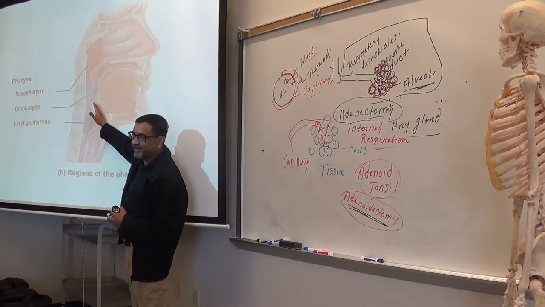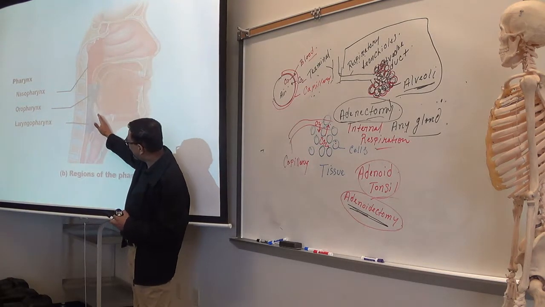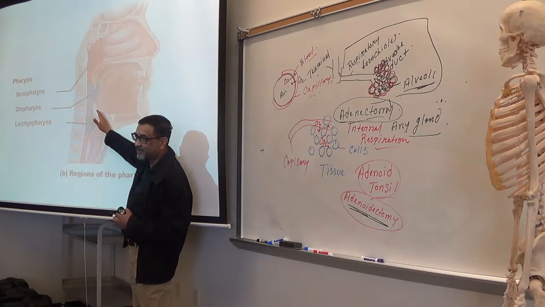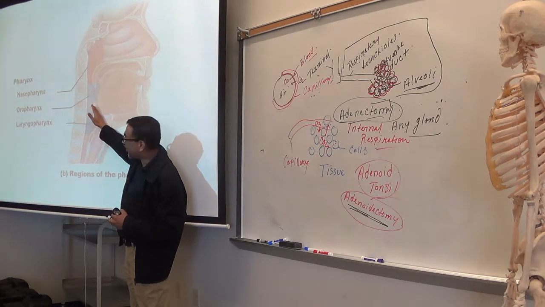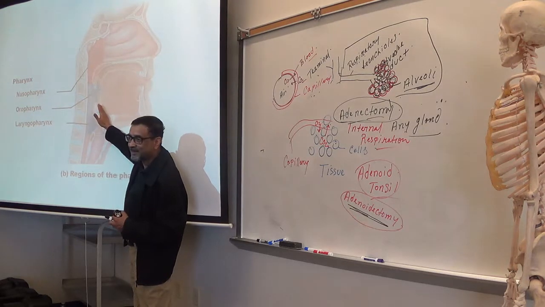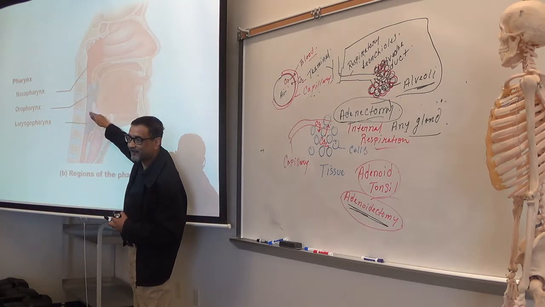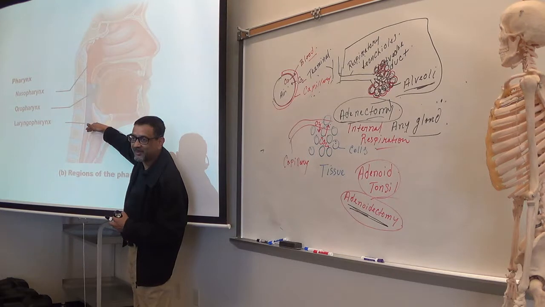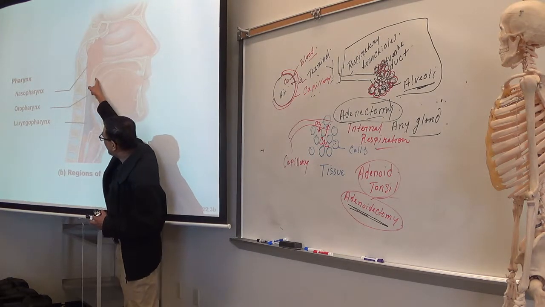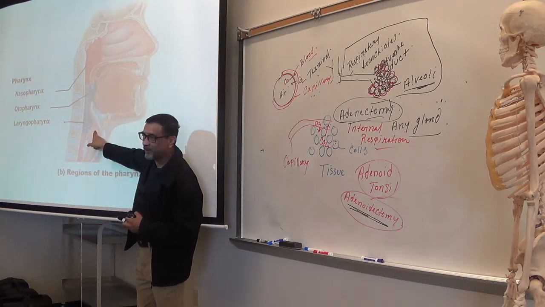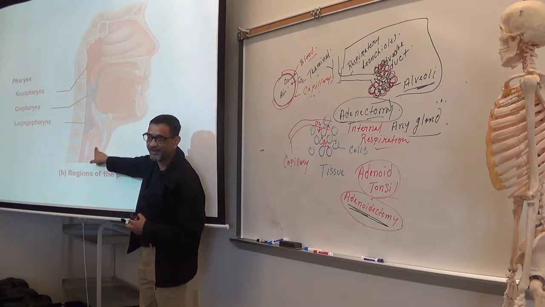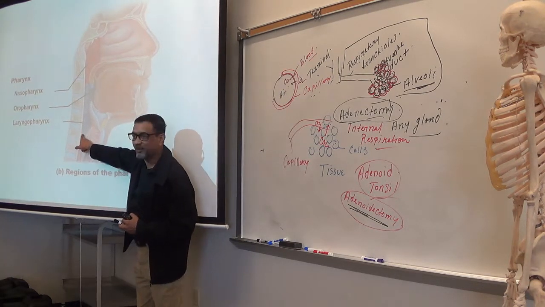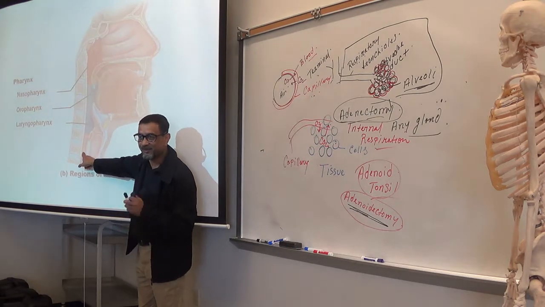That's why there is a cap here. This is called the epiglottis. You see this structure called what? Epiglottis. This one is like a cap. It moves like this. When you swallow the food, this should be open or closed? Closed, because this is respiratory, right? This should get open, esophagus, for food, right?